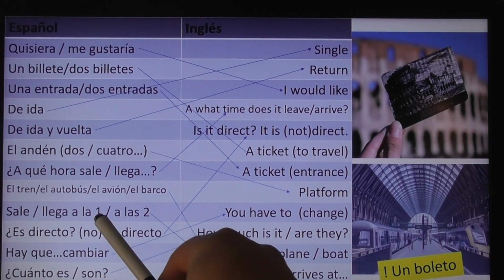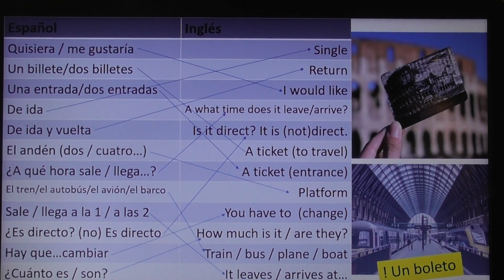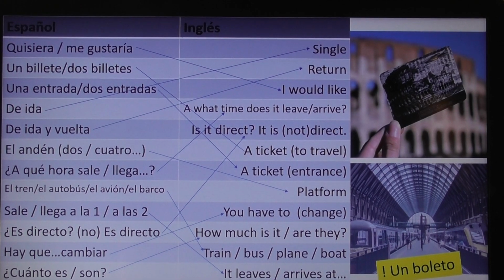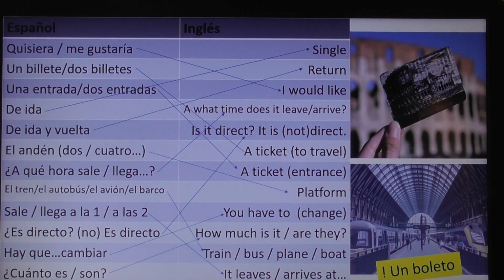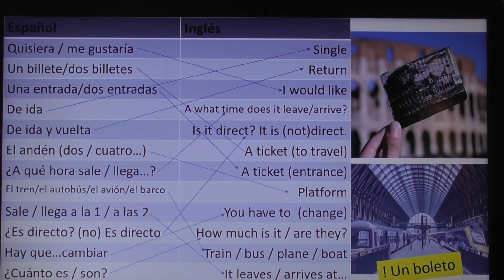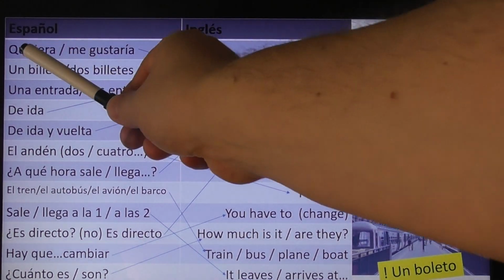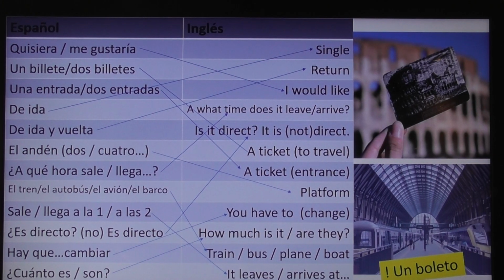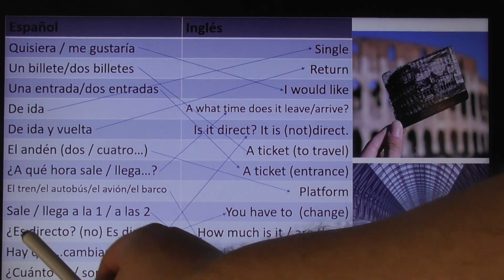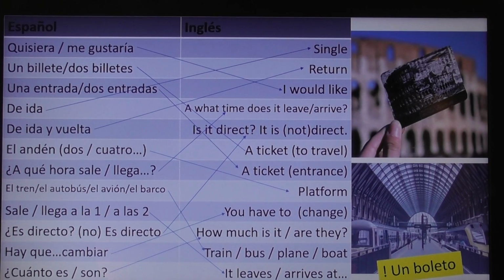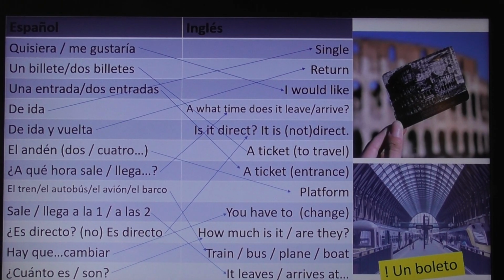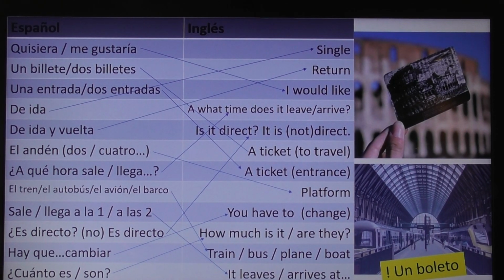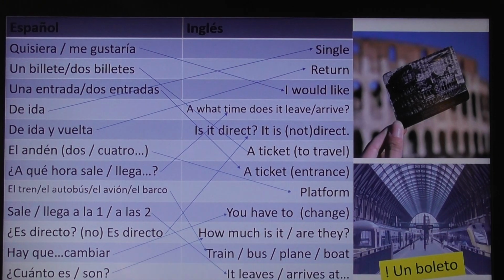It leaves at 1. Okay, let's do it the other way around this time. So English to Spanish. I would like. Me gustaría o quisiera. Is it direct? ¿Es directo? How much is it? ¿Cuánto es?